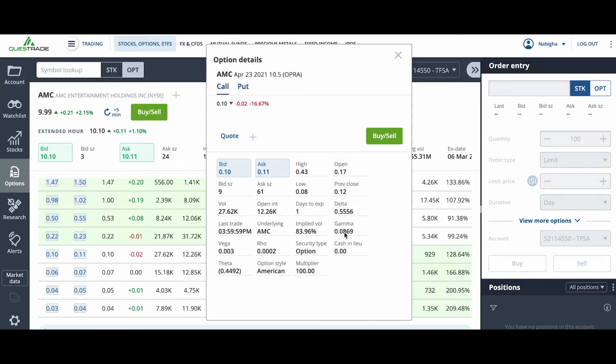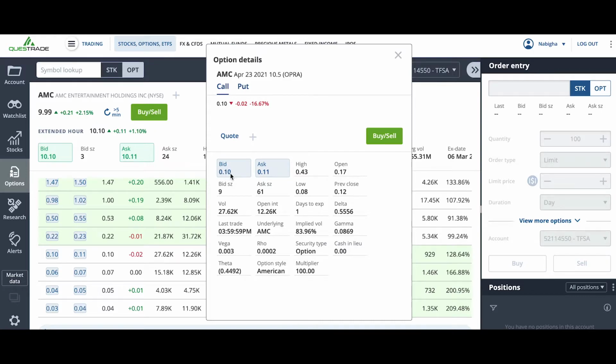So let's apply that. Let's say that AMC moves to $11. So the underlying asset has moved by 1 point. The call option contract would move up by 0.5, so the price will become 0.15.